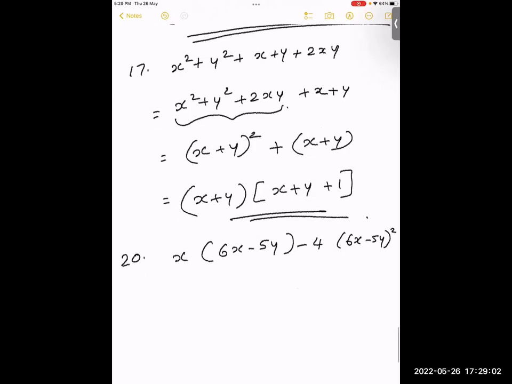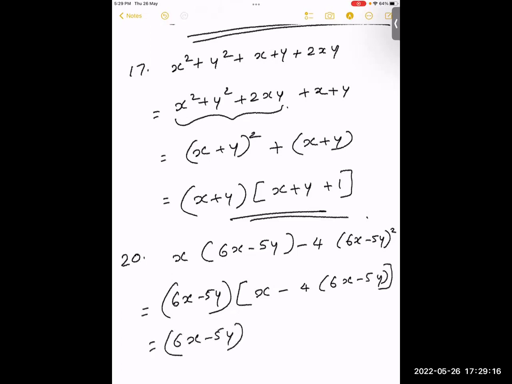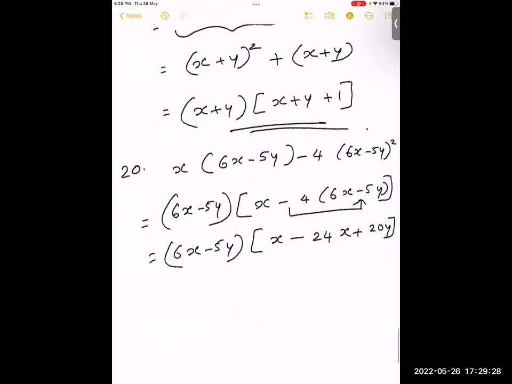Take 6x minus 5y, and then in bracket x minus 4 into 6x minus 5y, which will become x minus 24x plus 20y. Now you can solve it again, right?